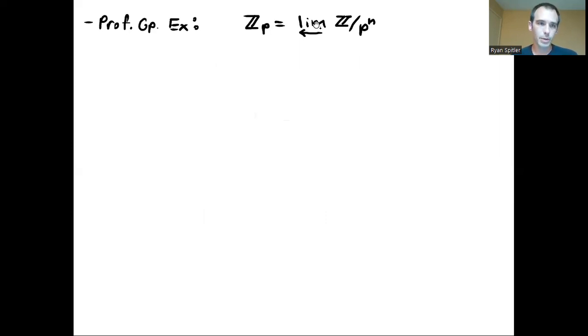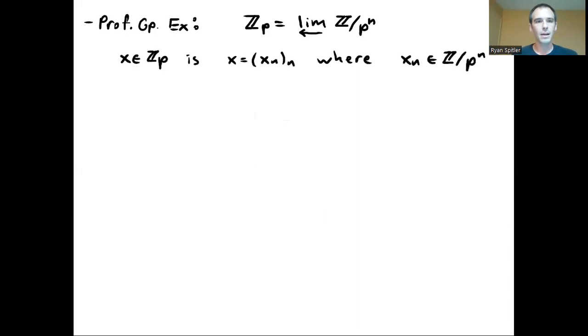This particular profinite group is the inverse limit of the finite groups Z mod p to the n. So you're taking the integers and modding out by p raised to some power n. You let n vary, you have a natural surjection from one to the next, and you take the inverse limit of this.